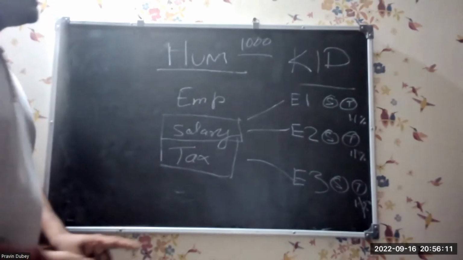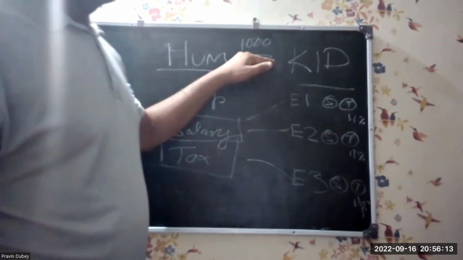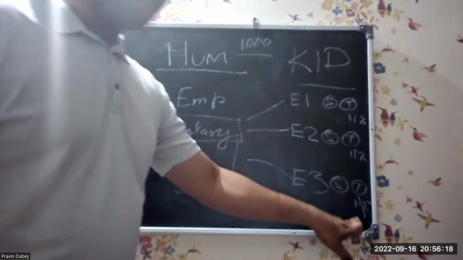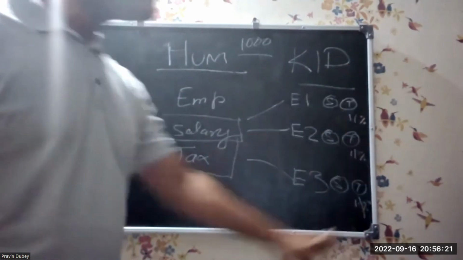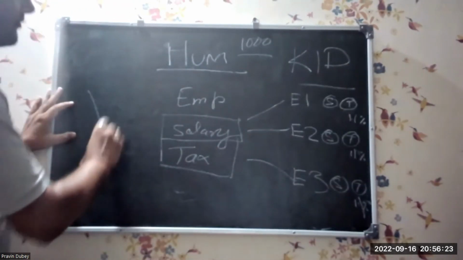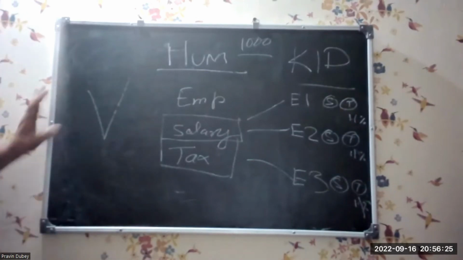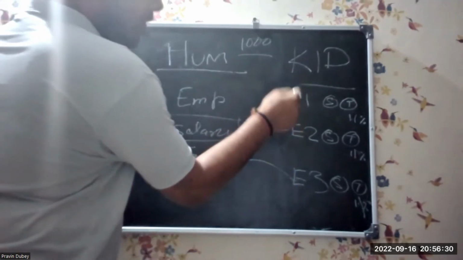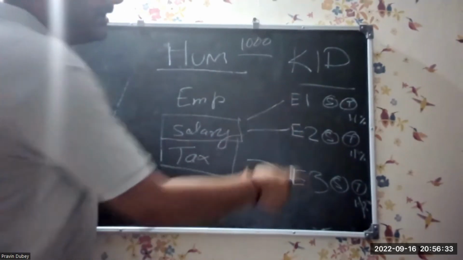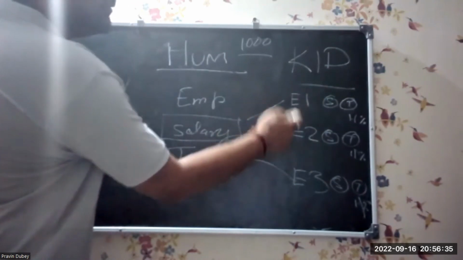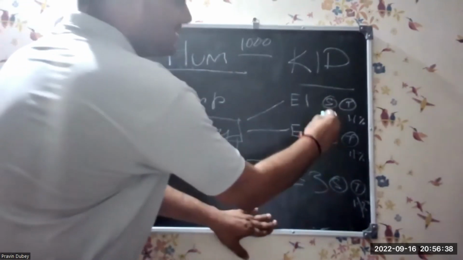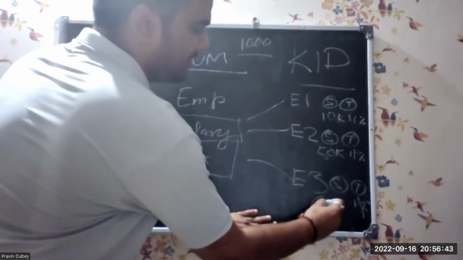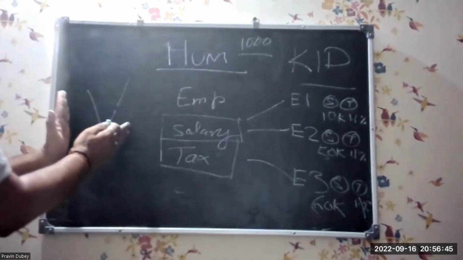So what he said is, if I have 1,000 employees and the value of the tax is the same, it goes against the basic definition of variable. Why was the variable created? To store the value of objects so that it should not impact the other objects' variable values. So this is 10K, it should not be affected by 50K, it should not be affected by 60K. That was the basic concept of variable.